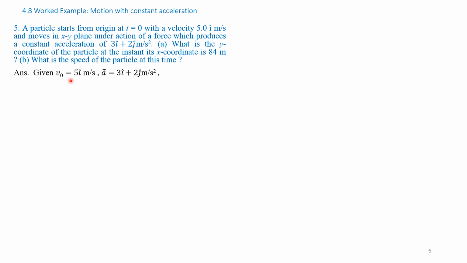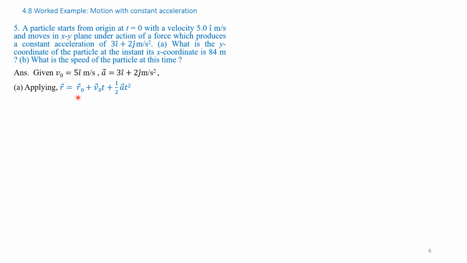It is given, we will write down the given. Velocity V naught is equal to 5i meters per second and acceleration is given as 3i plus 2j. Therefore, applying the formula r is equal to r naught plus V naught t plus half a t square. That is the s is equal to ut plus half at square formula.